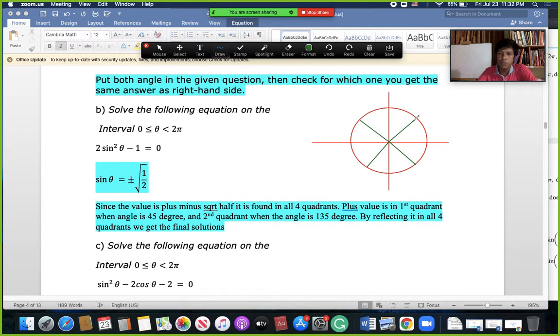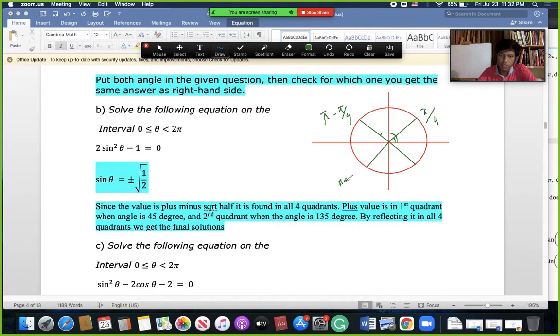And the first solution, this is 45 degrees, that means pi by 4. And this one you can find out, this is pi minus pi by 4. We are counting everything from this side, that's why pi minus pi by 4. Another way to do it is pi by 2 plus pi by 4. Both will give you the same solution. And this will be pi plus pi by 4.